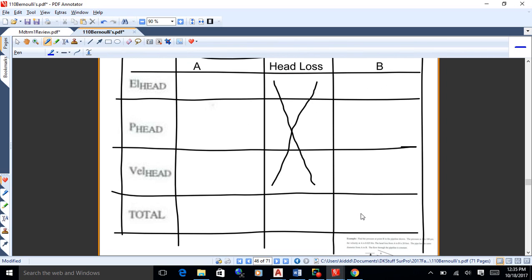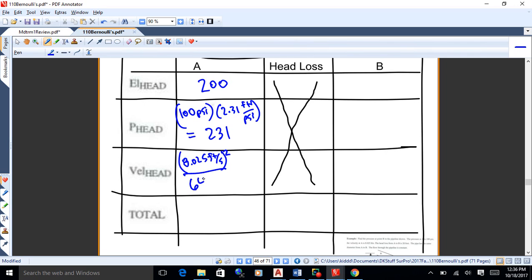So what I had there was 200 feet of elevation. And then I had 100 psi times 2.31 feet per psi, so that got me 231 feet. And then I had the 8.025 feet per second squared over 64.4, and that was 1.